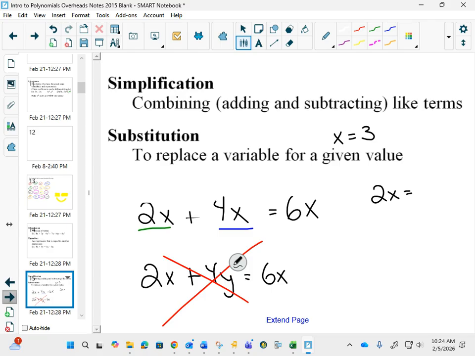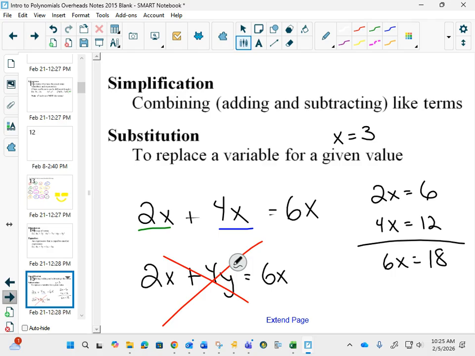What is in between when we switch them together? Adding, subtracting, multiplying, or dividing? Times them. So 2 x's would be 6. What would 4 x's be? 12. What would 6 x's be? 18.